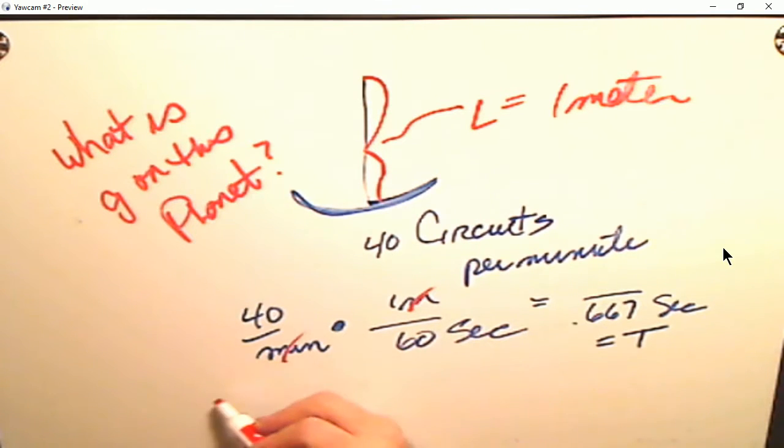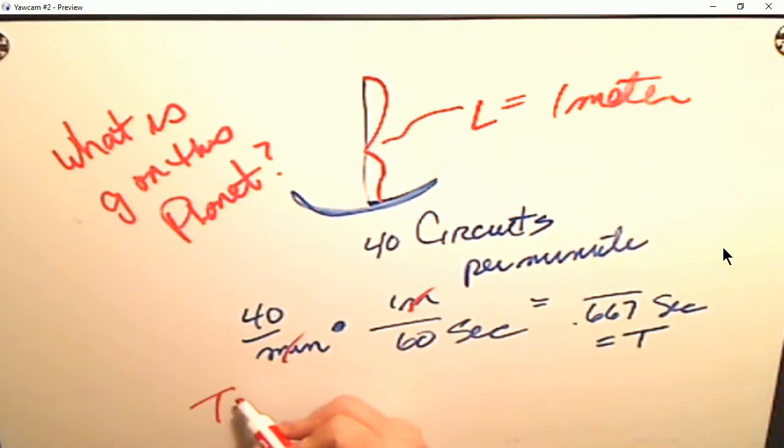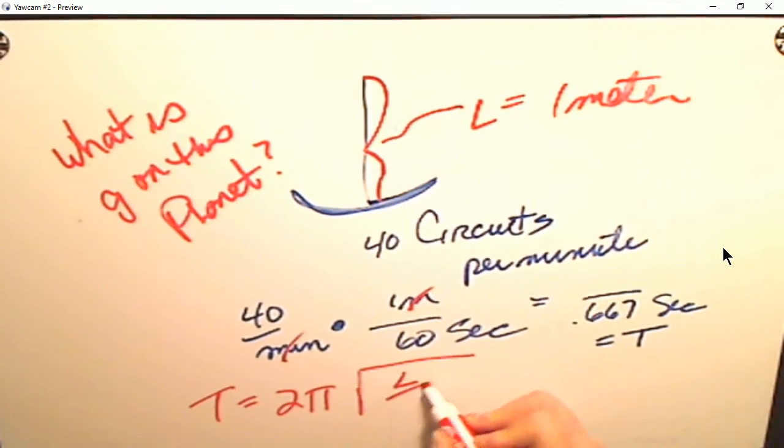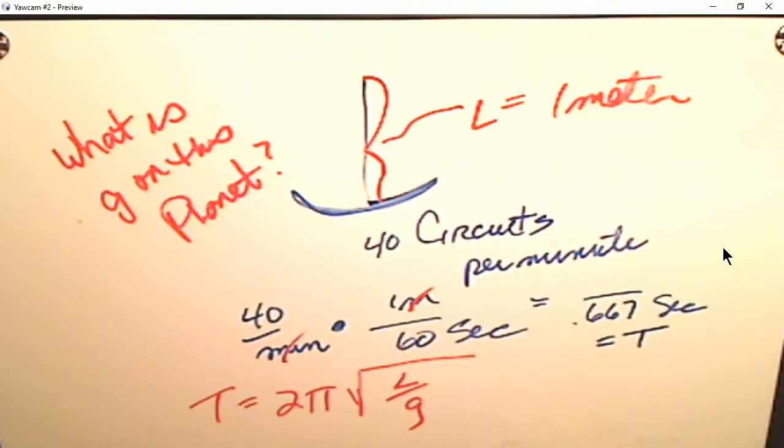So we have that a period is equal to 2 pi square root of L over G. So clearly then period is 0.667.